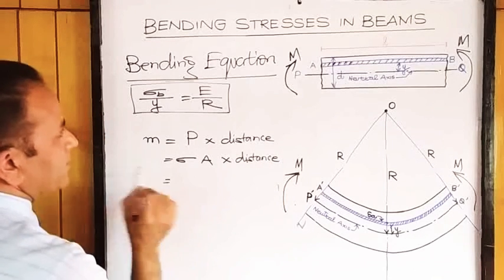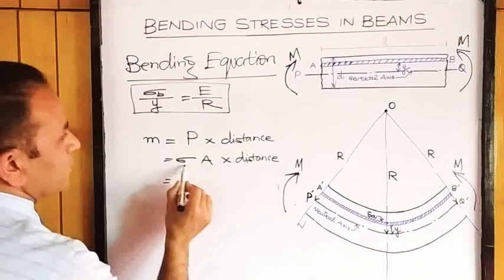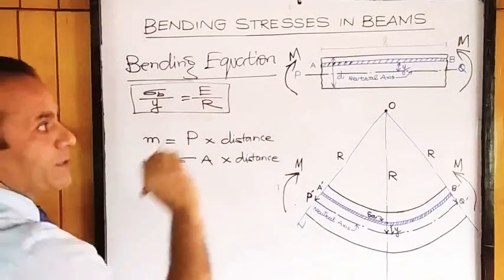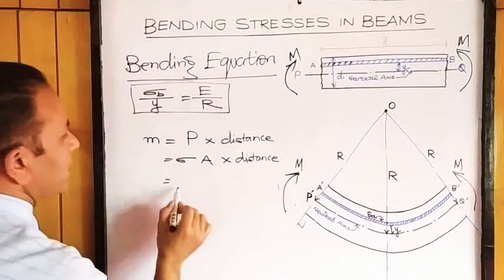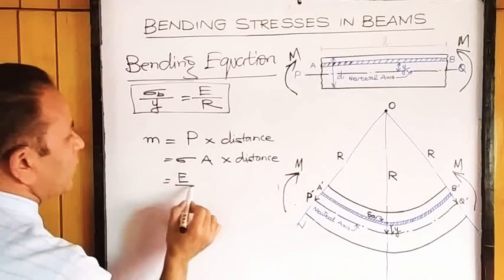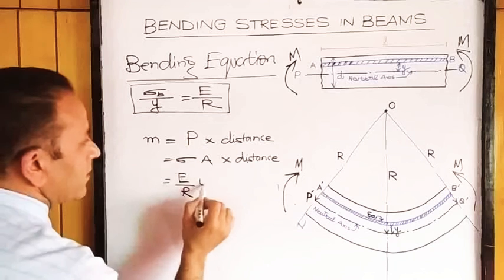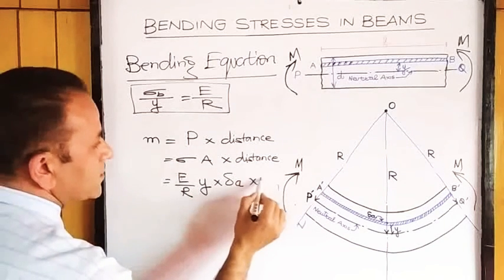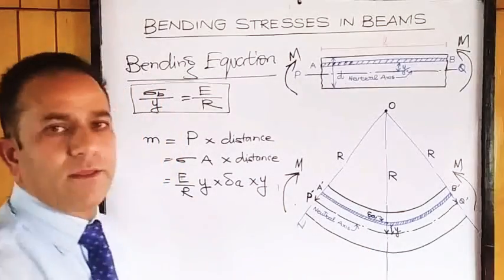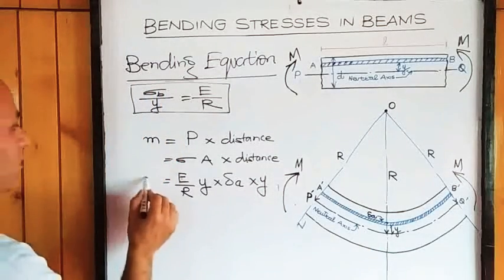Area of the strip is delta A. Stress, out of this equation, sigma will be equal to E upon R into Y. Area is delta A and distance is this Y. Okay, this will be moment.